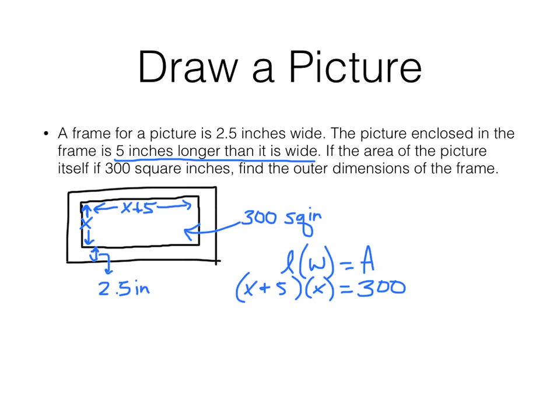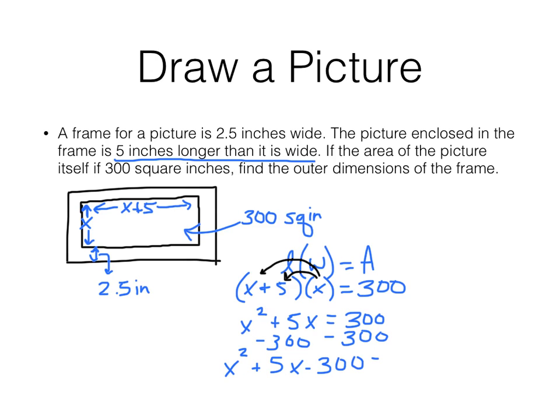So we're going to distribute this x to both terms in the parentheses. So x squared plus 5x equals 300. We're going to subtract the 300 from both sides to see if we can factor it, which we can, because I used happy examples. So equals 0 on the other side. Factor that. We're finding factors of negative 300 that add up to positive 5.